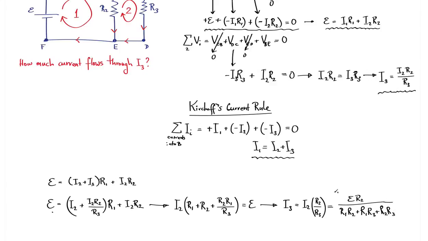All right, so that's basically our answer. That's I3. All right, so that's our example. And we'll do some trickier circuits in lecture and in co-op.